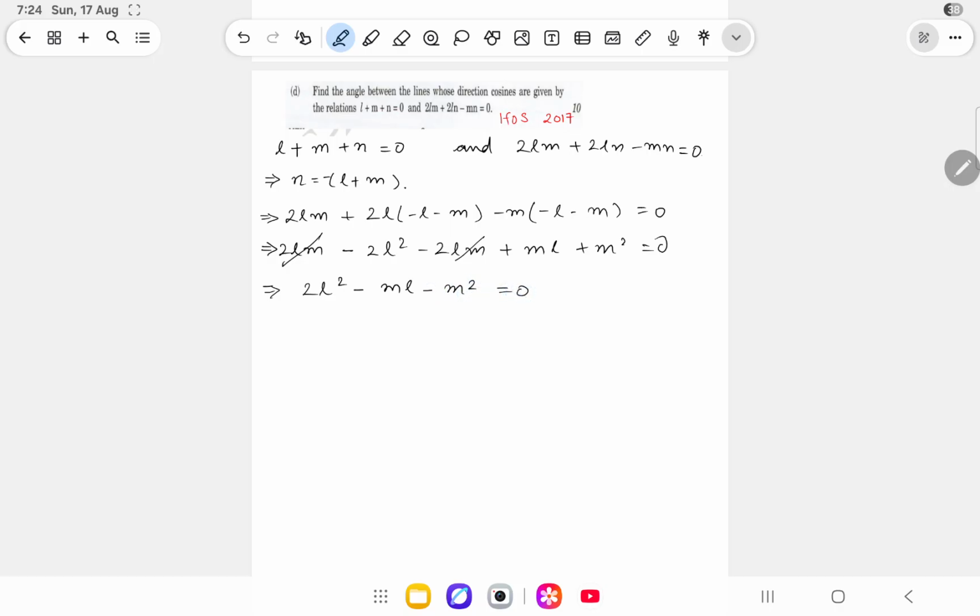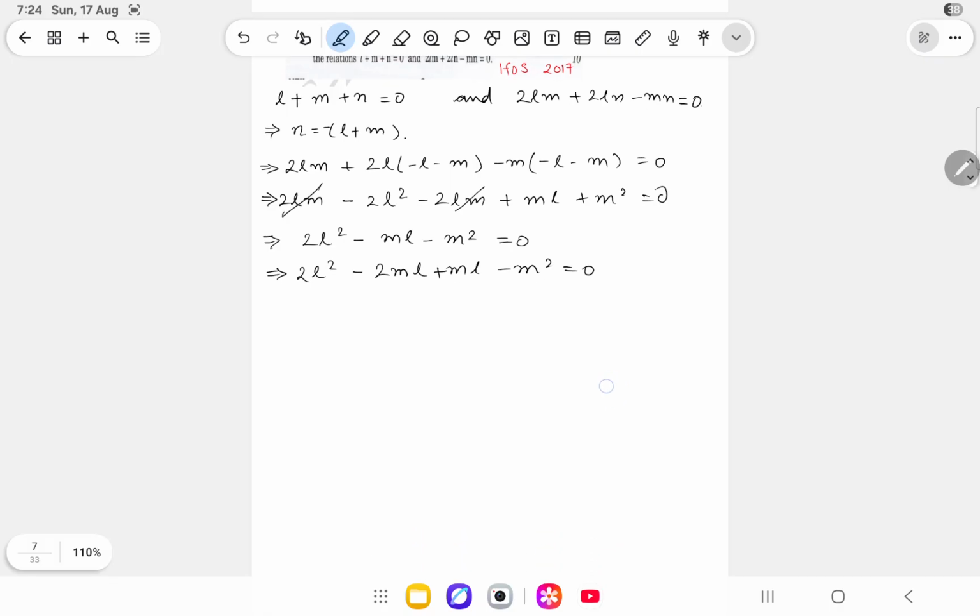We can write this as 2L square minus 2ML plus ML minus M square equals 0. I just added and subtracted one ML in the above equation and I landed here.